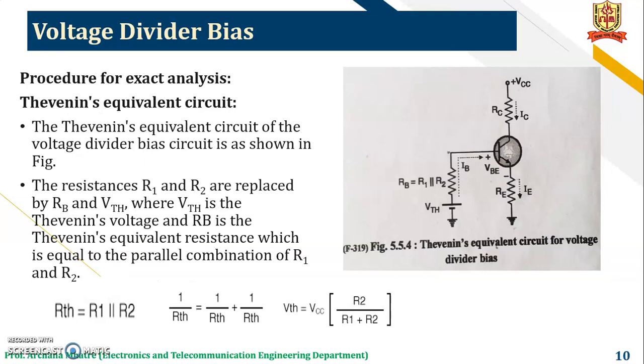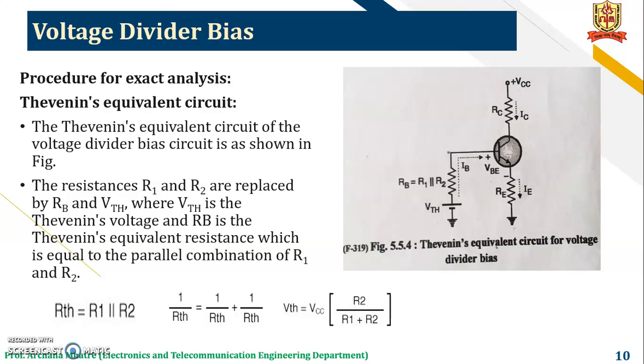Then the procedure for exact analysis of voltage divider bias. Thevenin's equivalent circuit. This is the circuit diagram which shows the Thevenin's equivalent circuit for voltage divider bias. The resistors R1 and R2 are replaced by RTH and VTH, where VTH is the Thevenin's voltage and RTH is the Thevenin's equivalent resistor, which is equal to the parallel combination of R1 and R2.